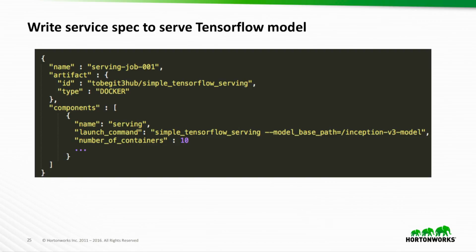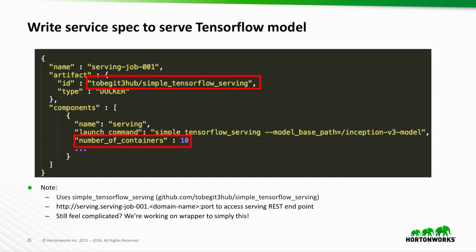This is also an example of how to serve an already trained TensorFlow model. Similarly, we define the name, the artifact name, and also the number of containers. In the future, Yarn will automatically balance requests to the launched workers.